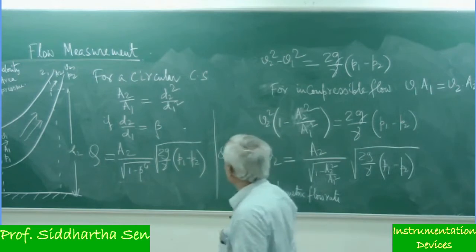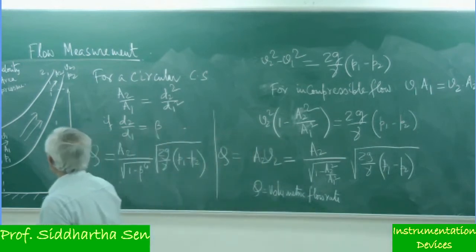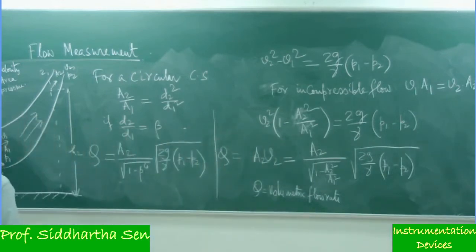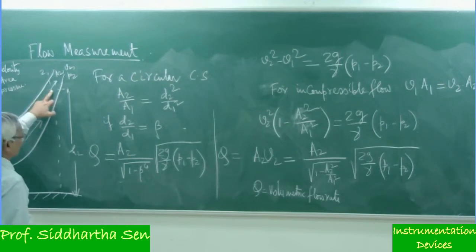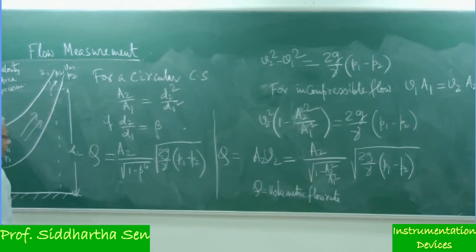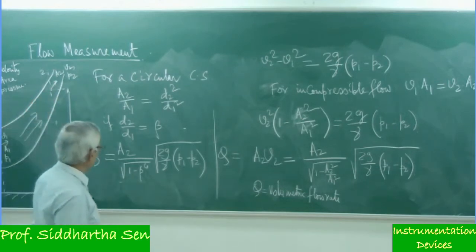What does it say is that at this point there is a difference in the cross sectional area, and at this point you measure the pressure P1 and at this point you measure the pressure P2, that is the pressure difference P1 minus P2.